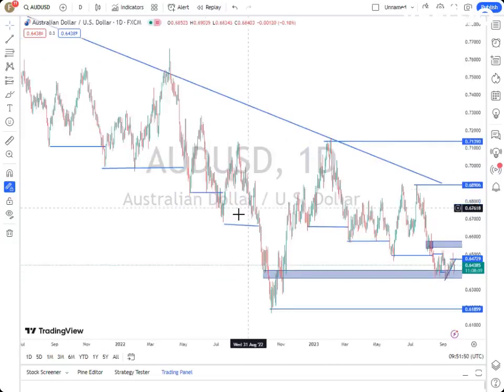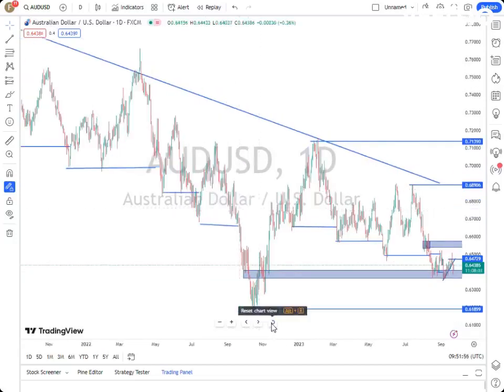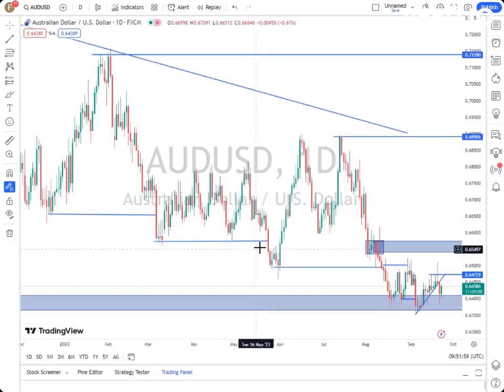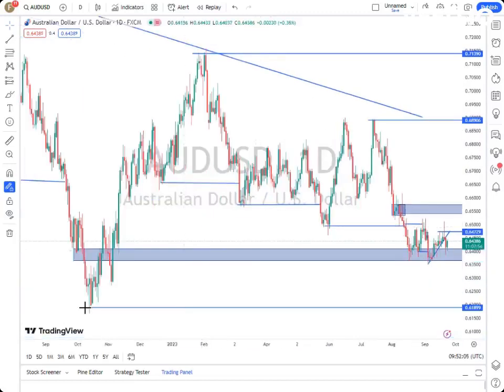let me zoom this out first to see if there's something we can see inside. So guys, looking at this again, you see that this is the lowest point AUD has made.